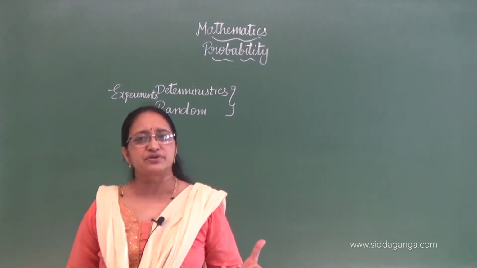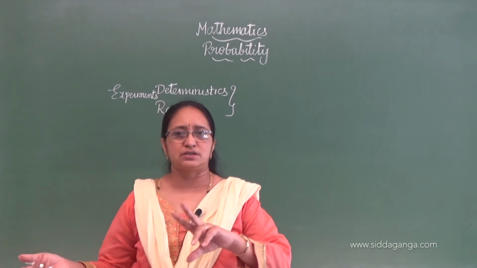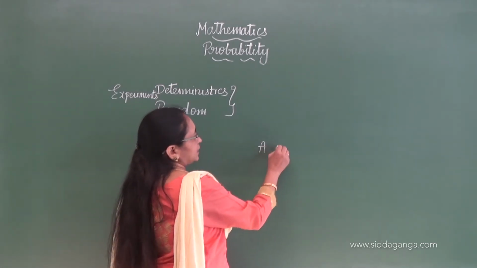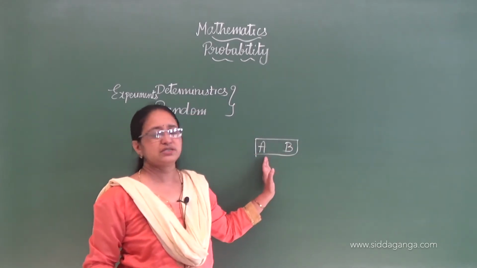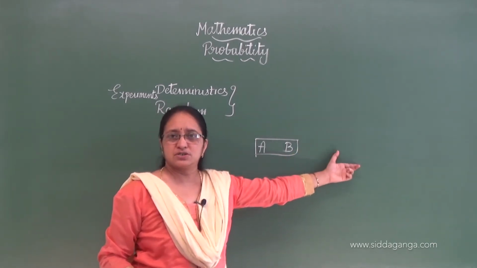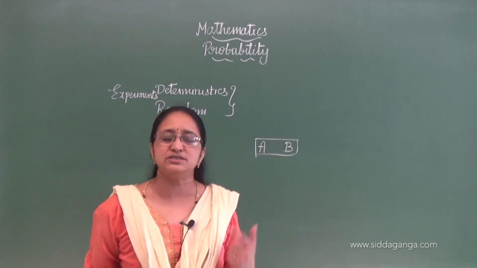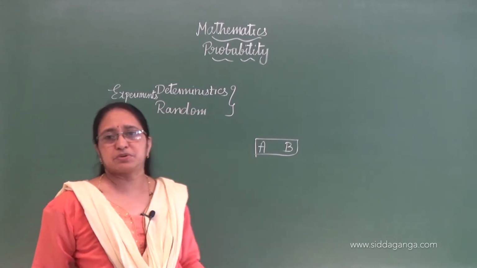So the outcome of it is already known. For example, if I add any two substances A and B, I will know what the outcome is. When these two react, I know what substance I will get. The result is known already. So that is called a deterministic experiment.